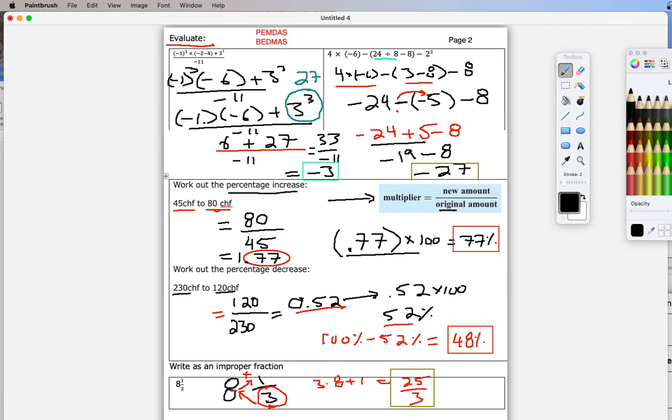Next thing we went on to do is change this one to a mixed number, okay? So this is the opposite. So currently, this is an improper fraction, and I want to change it to a mixed number. It's the opposite of the question before. So if I ask myself, what is 37 divided by 4?